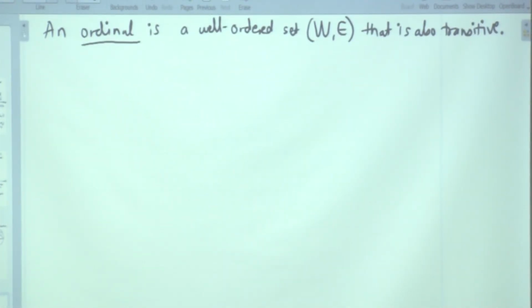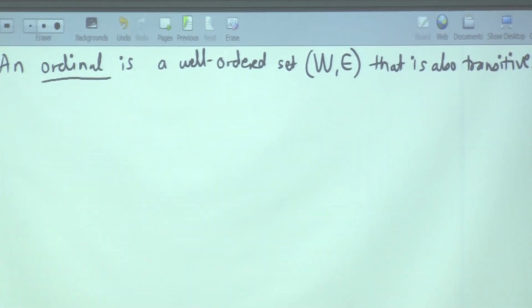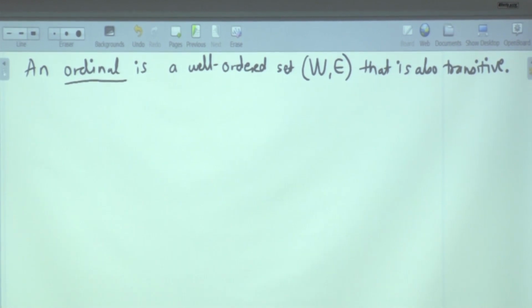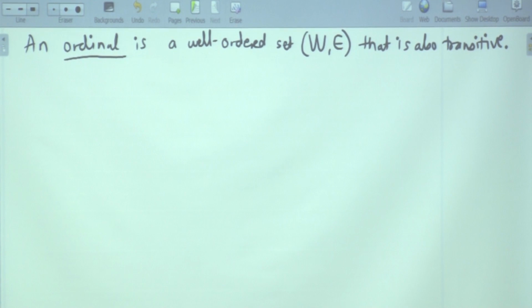0, 1, 2, 3, omega. Omega is also transitive, it is also a well ordered set. So you know many examples. These are called von Neumann ordinals. Okay, so I am just going to write down a few von Neumann ordinals.